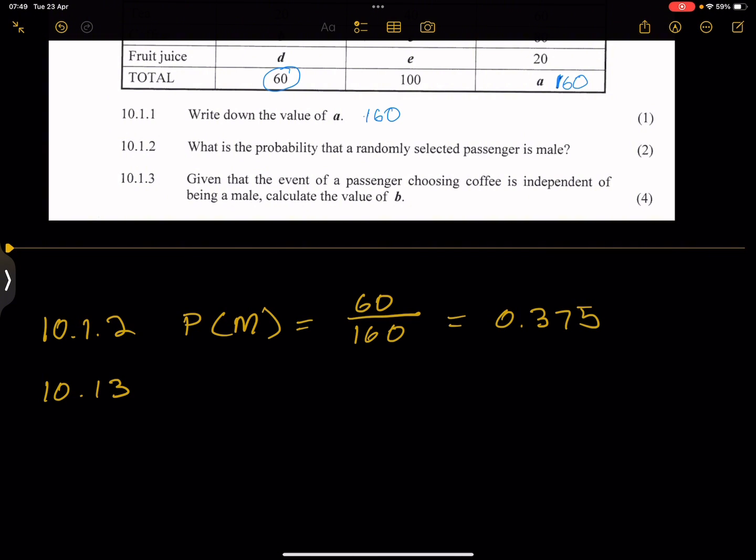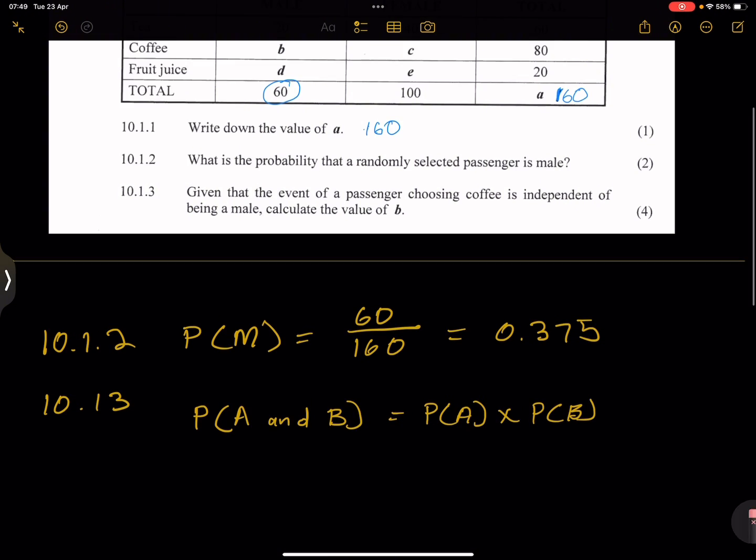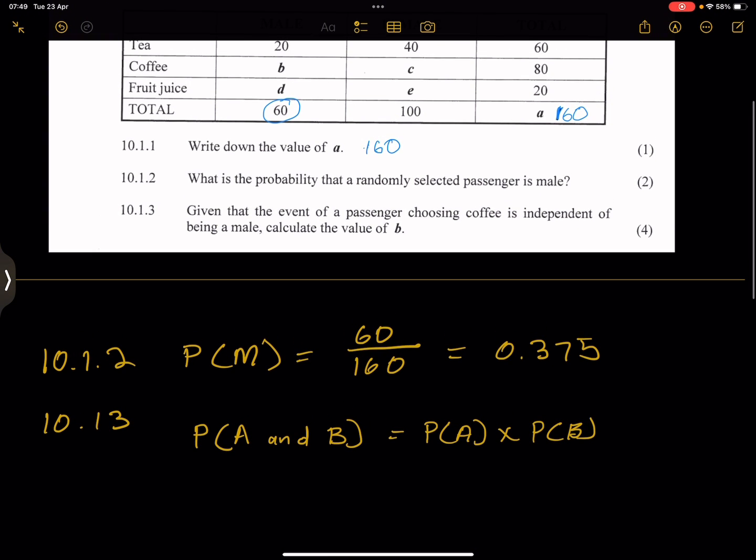When we've got independent events, the probability of A and B would be equal to the probability of A multiplied by the probability of B. If this holds, then it means that those events are independent, right?